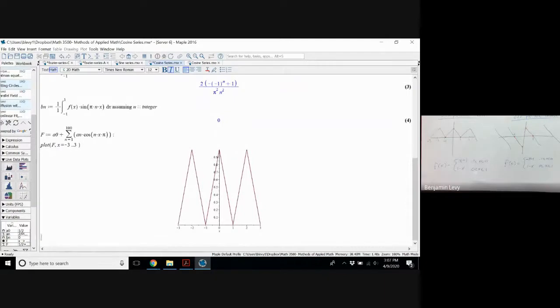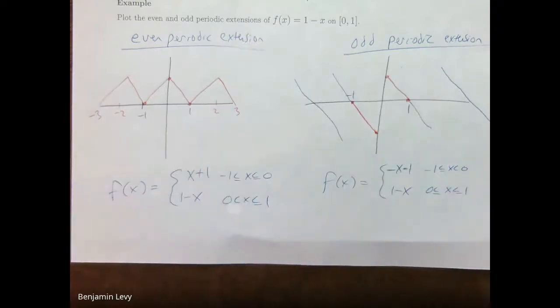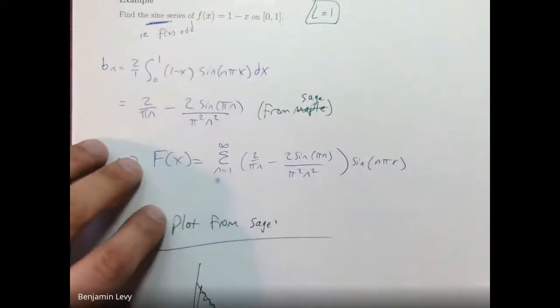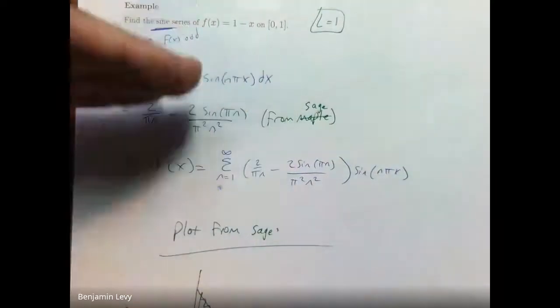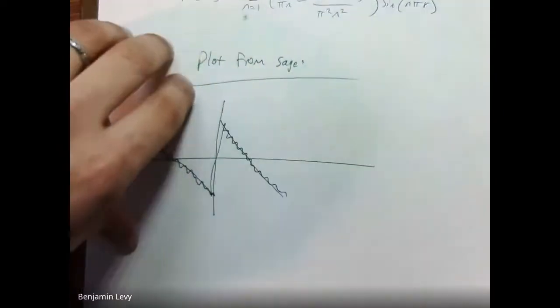I'm going to flash up the answers. This is what I have written down for this, and I'll scan this with the notes here. For the sine series, L is 1. Here's the work. You're only going to get the B function, and this is the plot.